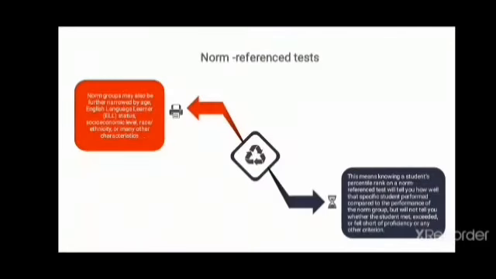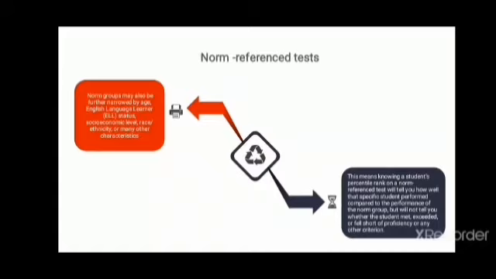Next is norm reference test. In this test, the norm group may also be further narrowed by age, by English language, by socioeconomic level, or race, ethnicity, or many other characteristics of the students, depending on the problems.